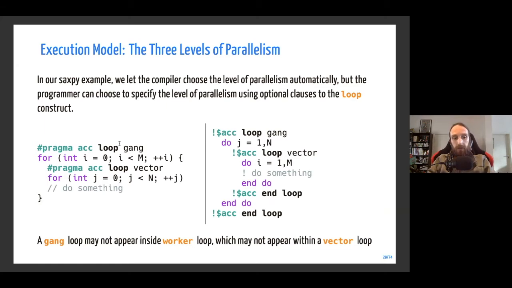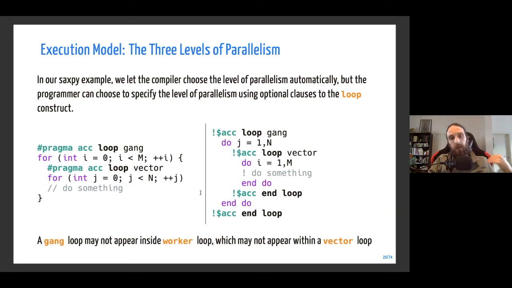But the limitation is that a gang loop may not appear inside a worker loop, and of course you cannot use a vector loop inside of a worker loop inside of a vector loop. So the three levels of parallelism are hierarchical: gang, worker, vector.